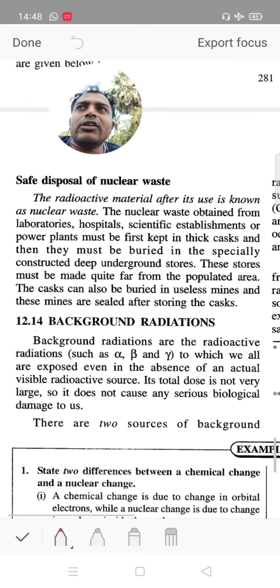And after use, radioactive material becomes nuclear waste, which should be disposed of in a safe place that does not contaminate water or soil. So students, thank you.